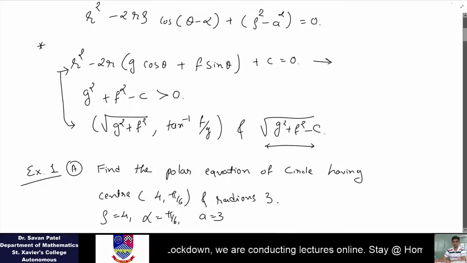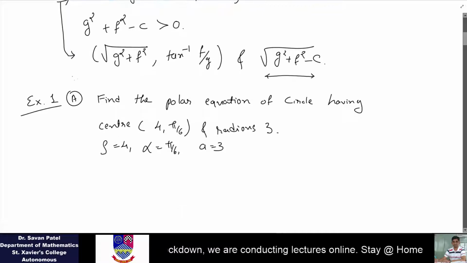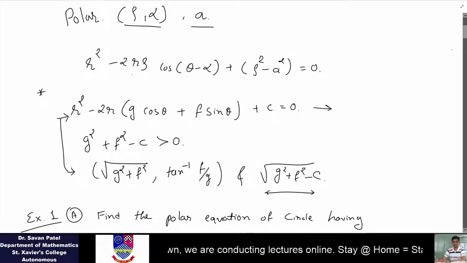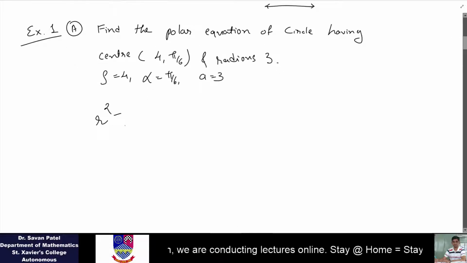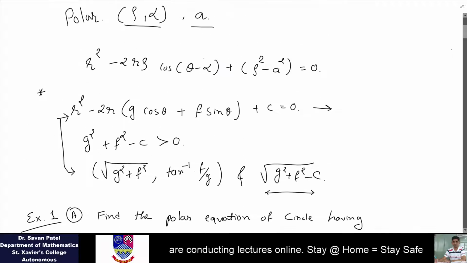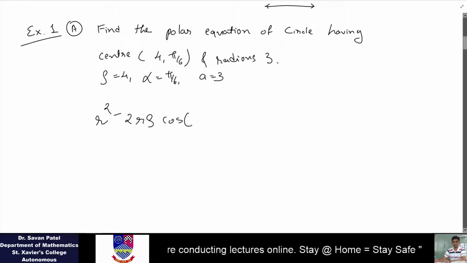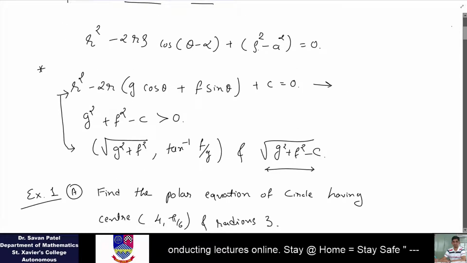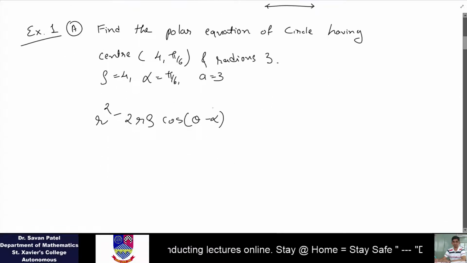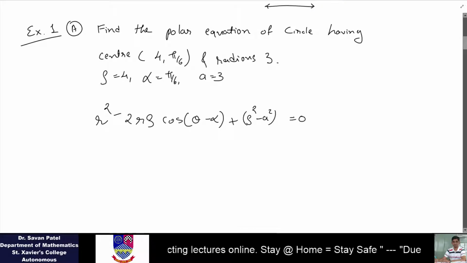So your equation will be r square minus 2 rho r cos(theta minus alpha) plus rho square minus a square is equal to 0.